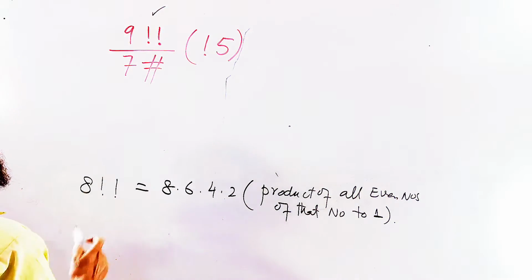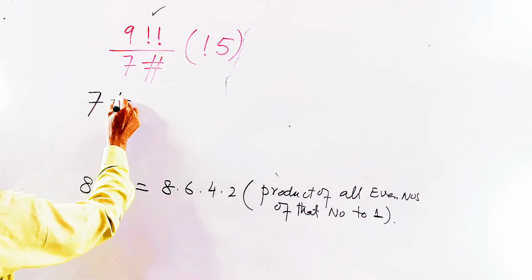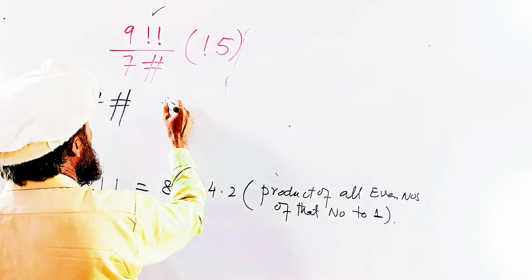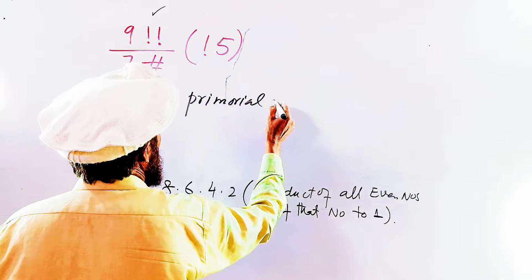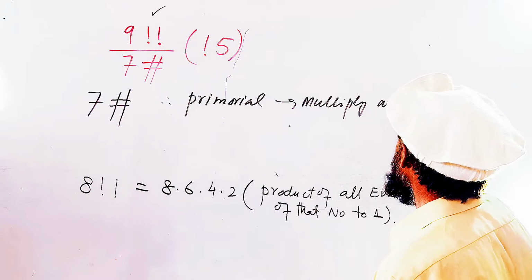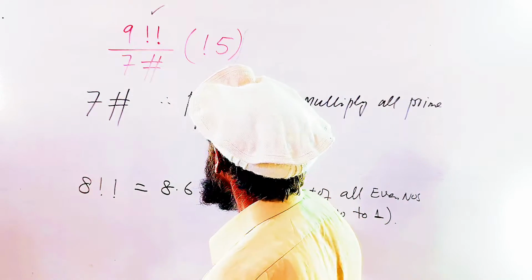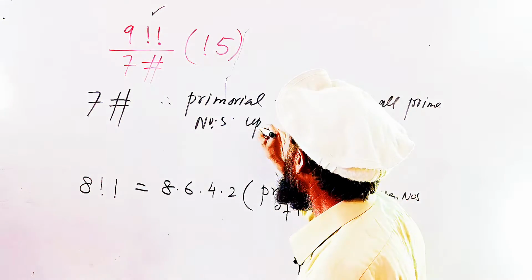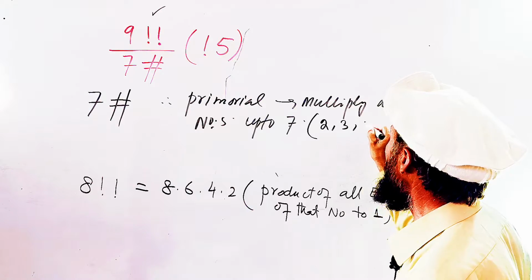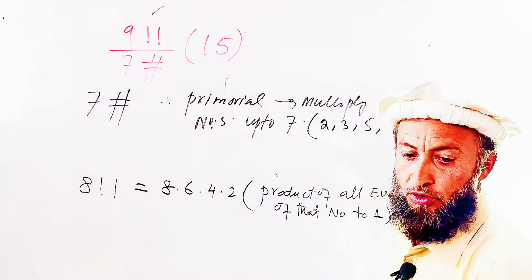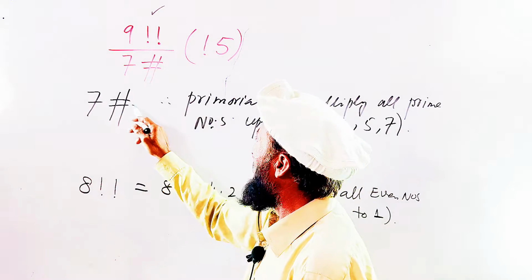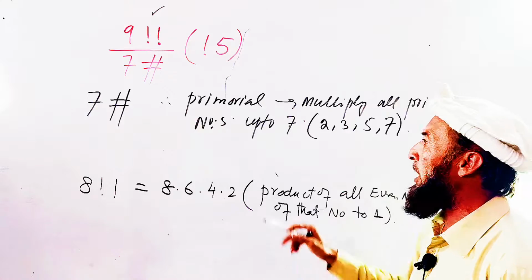Next, 7 primorial. 7 primorial means the product of all prime numbers up to 7.